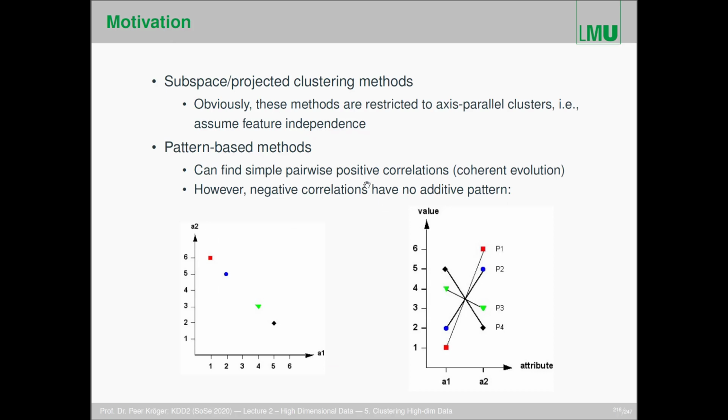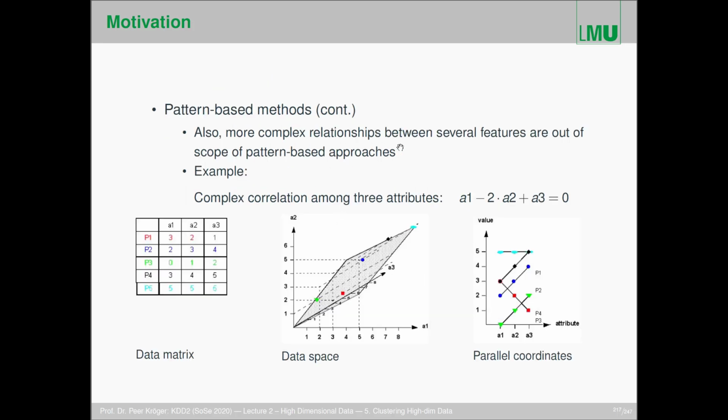Pairwise positive correlation means we have a positive correlation between two features. But if we have, say, hundreds of features, there may be much more complex relationships between several features, and they are completely out of scope of those pattern-based approaches.